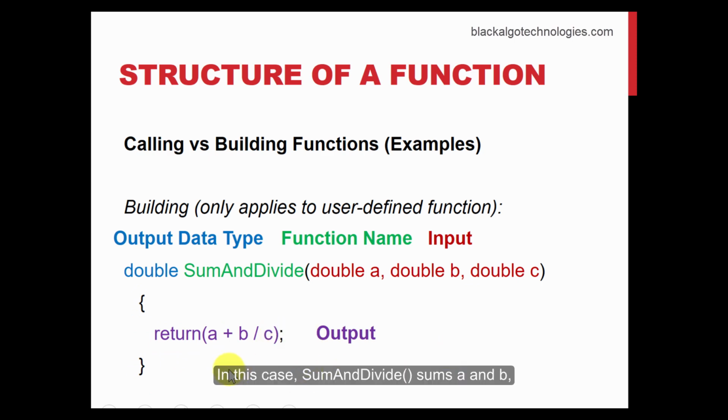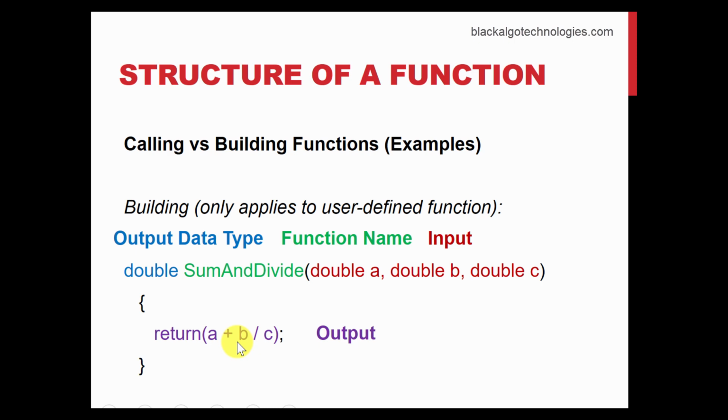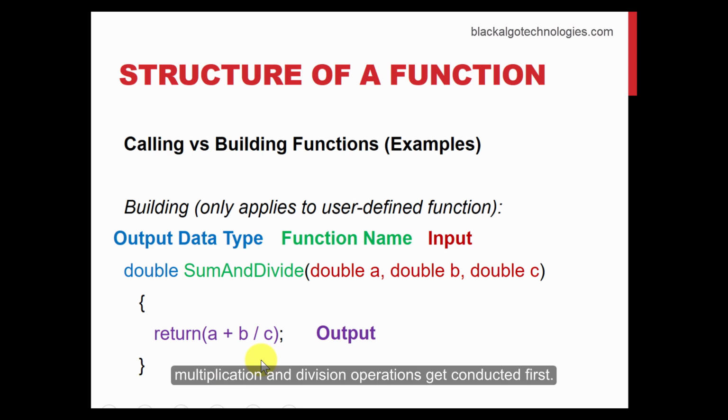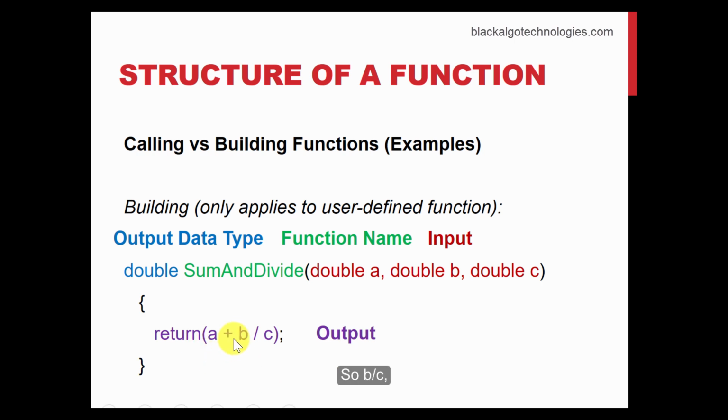So in this case, sum and divide returns A plus B divided by C. So remember, in math, multiplication and division operations get conducted first. So it is the same for this. B divided by C, the answer will be added to A, and that would be our output.